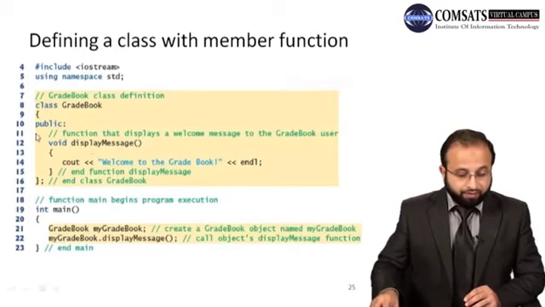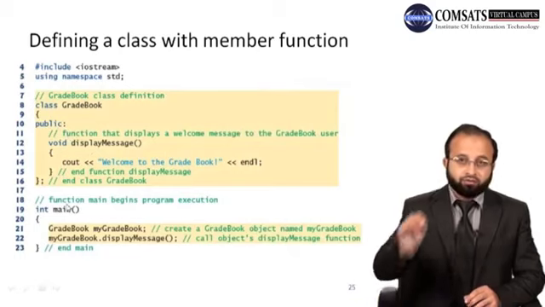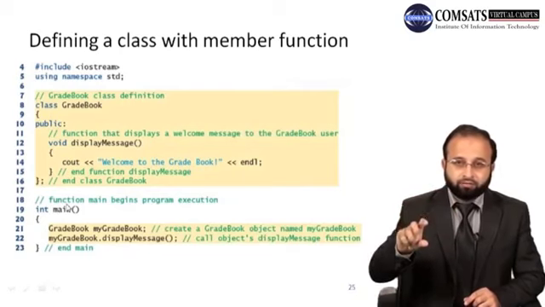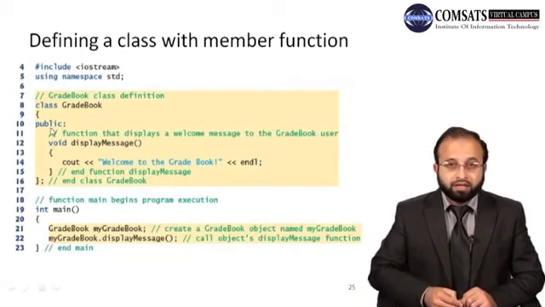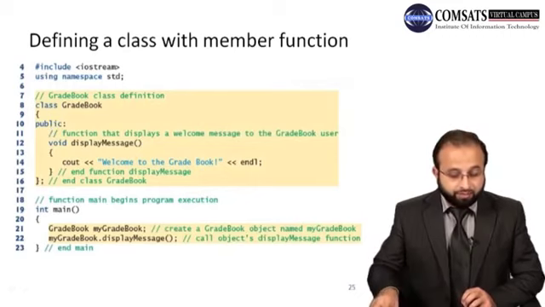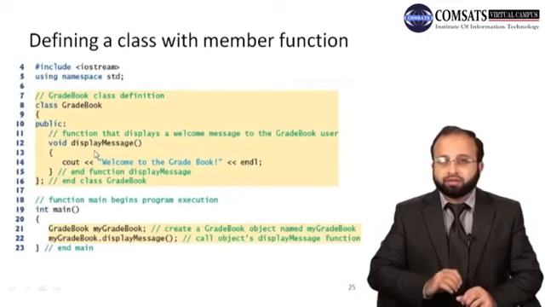So whatever we write after that public keyword, one function, two functions, three functions, you write public, and then we have function number 1, function number 2, 3. Here in this class definition we just have one function, right? So this public keyword is there to tell that the displayMessage function is a public function.